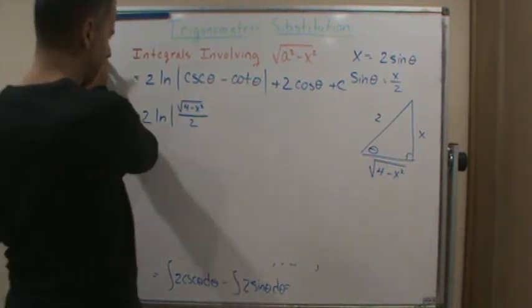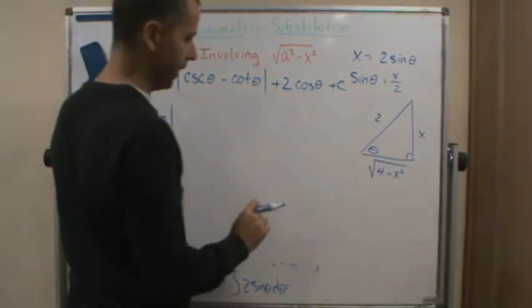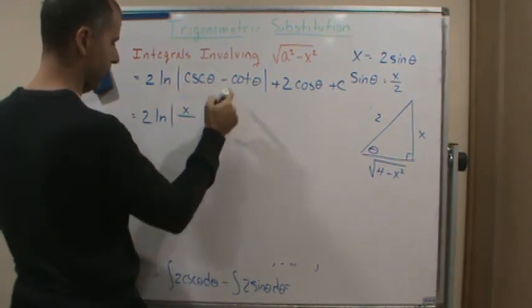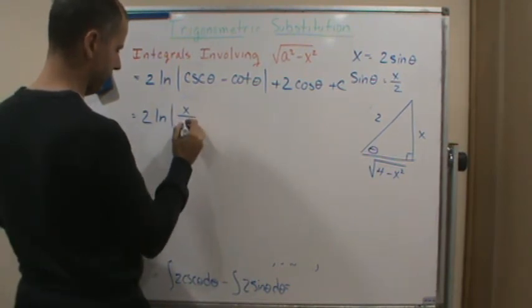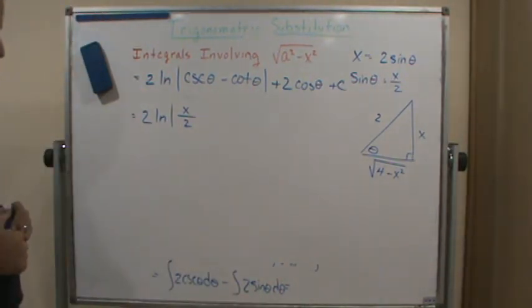Oh, gosh darn it, I said 1 over sine and I wrote down cosine. Sorry about that.